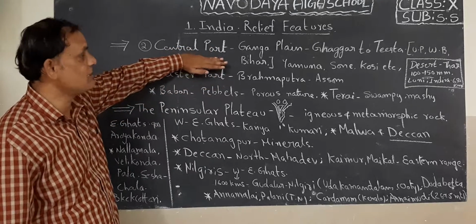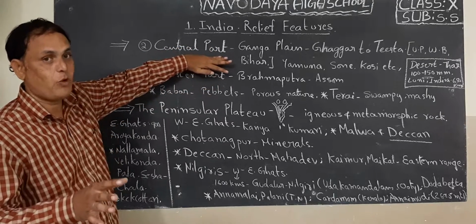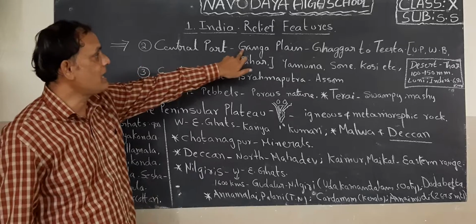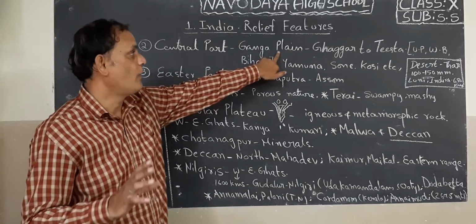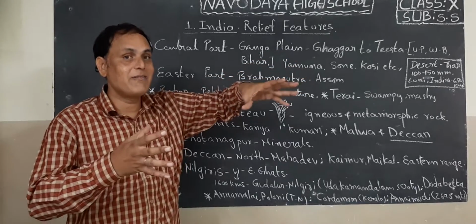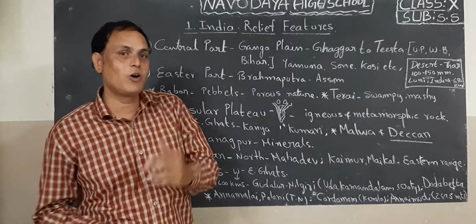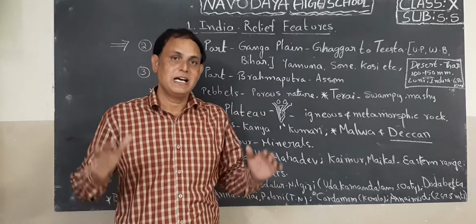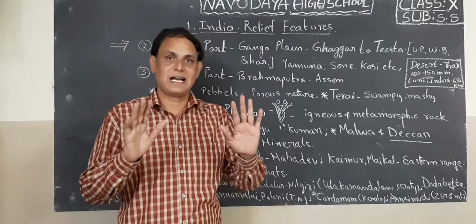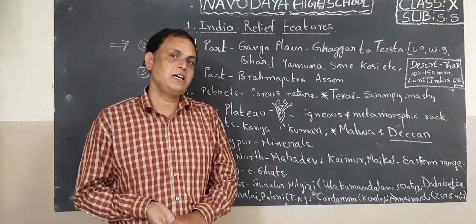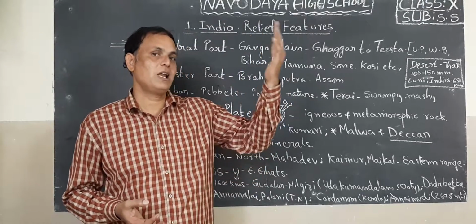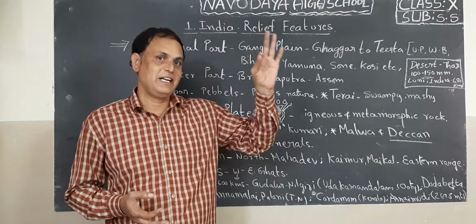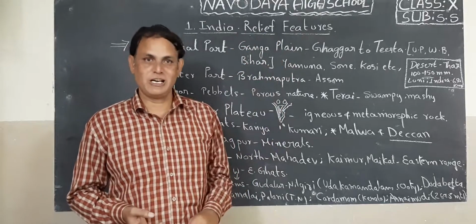In the central part, what is the important one? Ganga Plains, so called because the Ganga river is flowing there. Children, do you know that in our country the biggest river is the Ganga? This river also originates from the Himalayas, like the Indus River and Brahmaputra River.